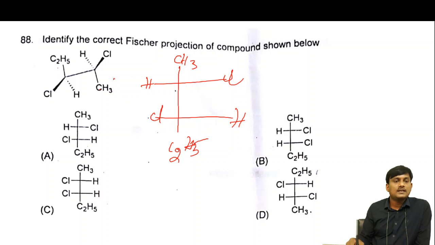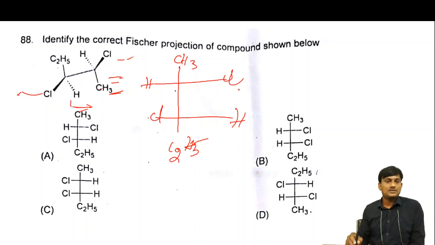Okay, this is the equivalent structure for this one. When you convert it into a Fischer projection formula, you will get this type. This CH3 and C2H5 are on vertical positions, and this one is left side, this one is right side, and this one is left side, and this one is right side.